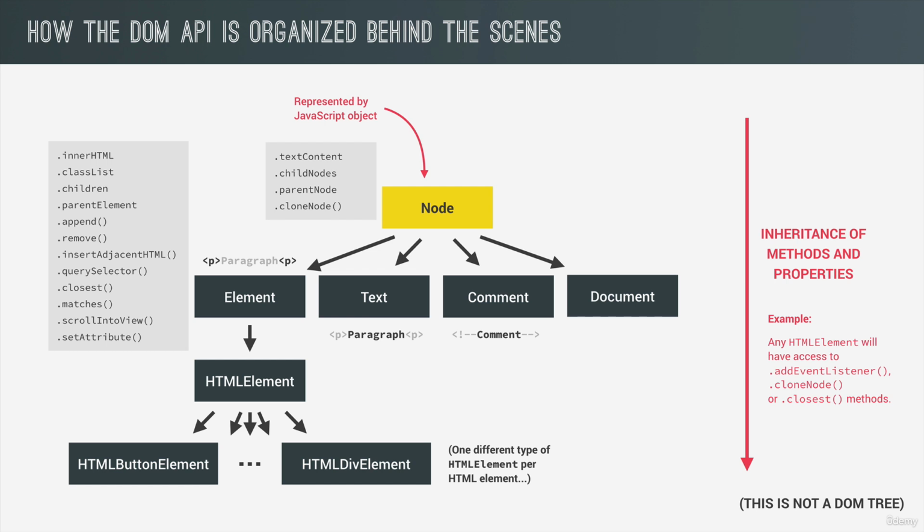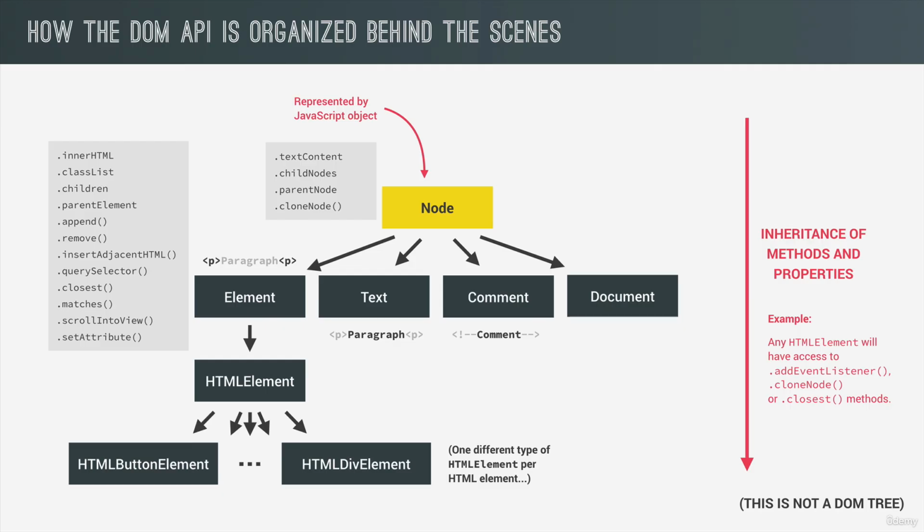And besides that, it will also get access to everything from the node type, because that is also its parent type. Okay? So we can think of this as if the HTML button element, for example, is also an element and also a node. Alright?